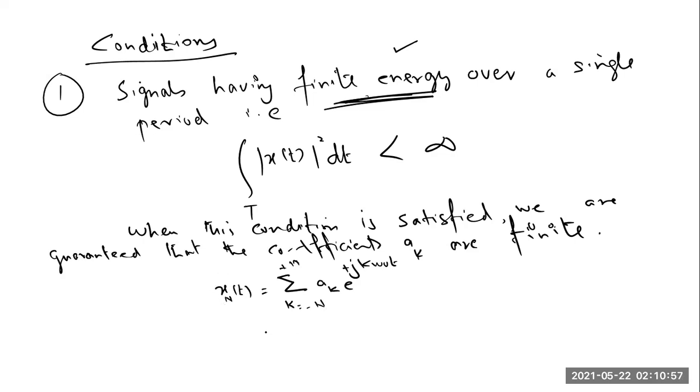And then what will be the error? Error in the approximation will be x of t minus this thing.